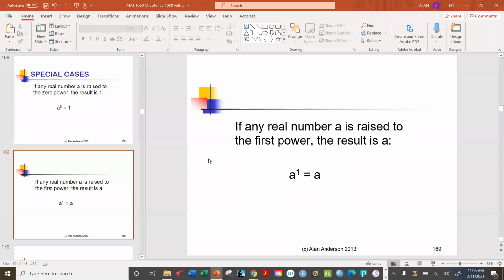That's it. So for example, 3 to the first power is just 3. x to the first power is just x. So when you see an x, it implicitly has an exponent of 1. It isn't often written there, but it is there. x is actually x to the first power.